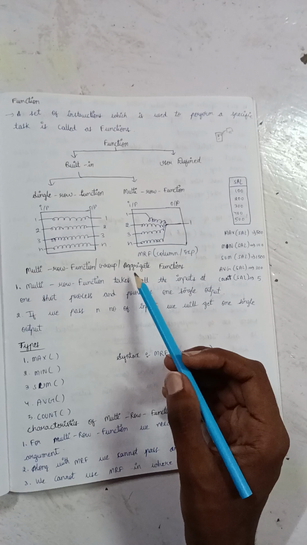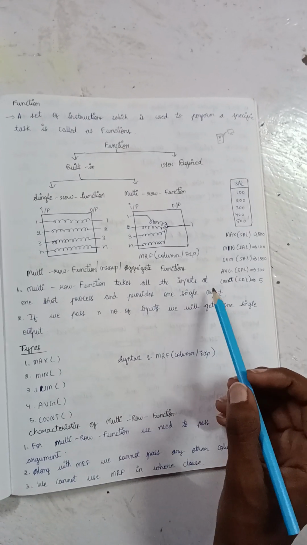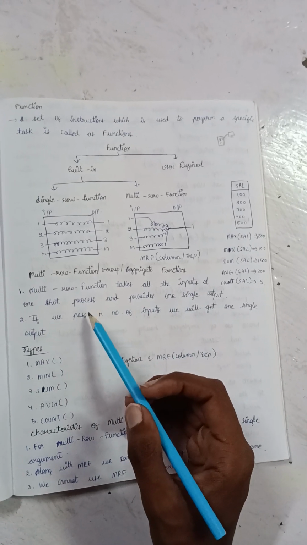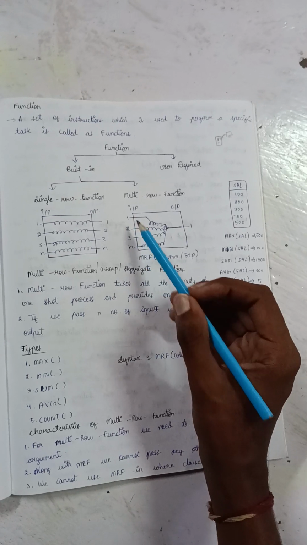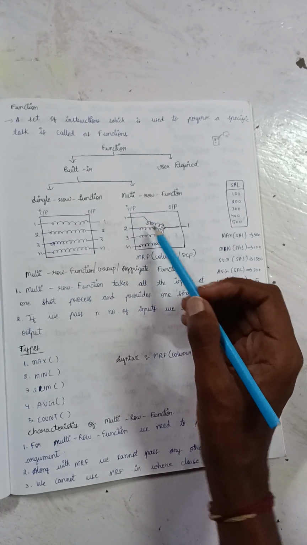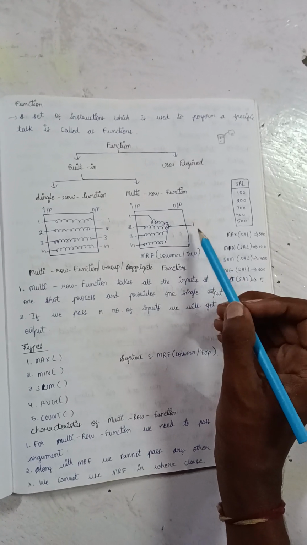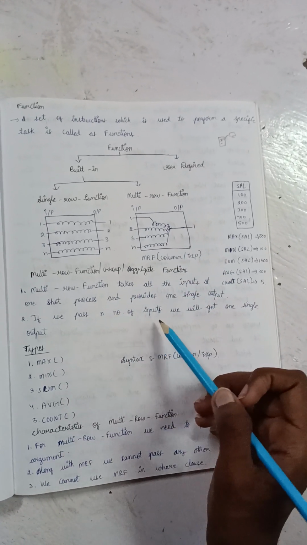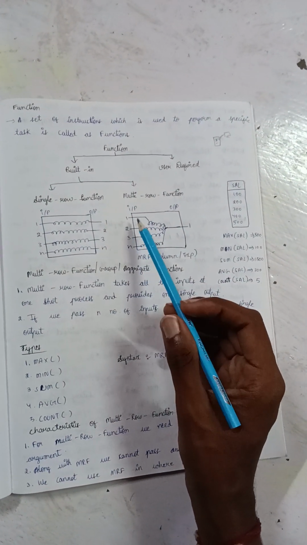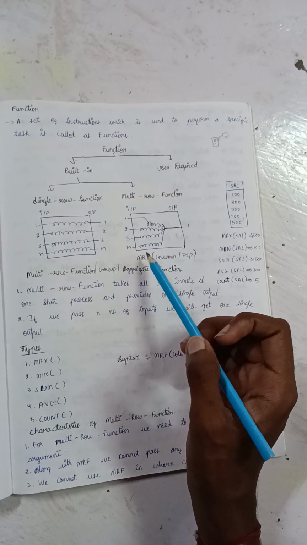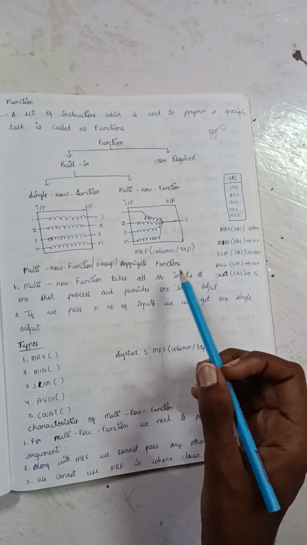A group row function or aggregate function takes all the inputs at one shot, processes them and provides one single output. If we pass n number of inputs, we will get only one output.